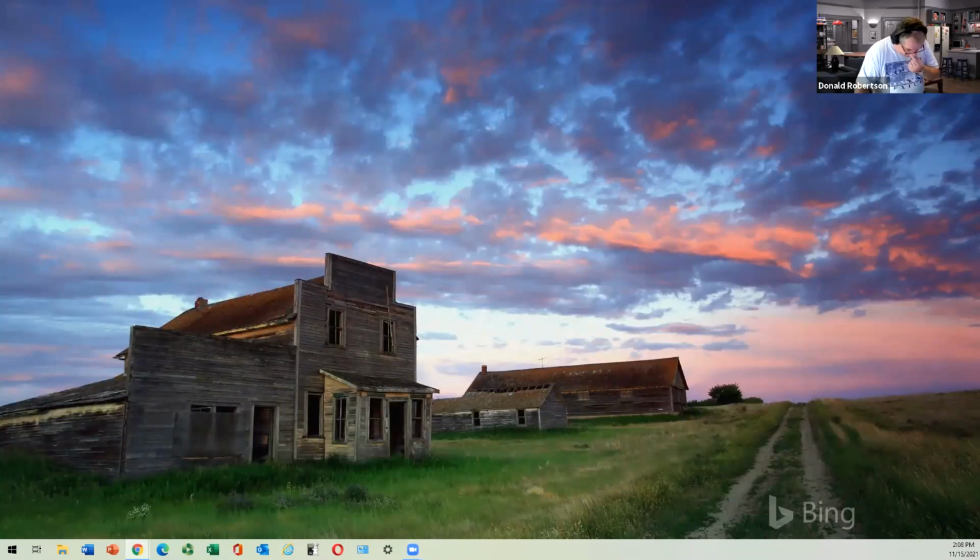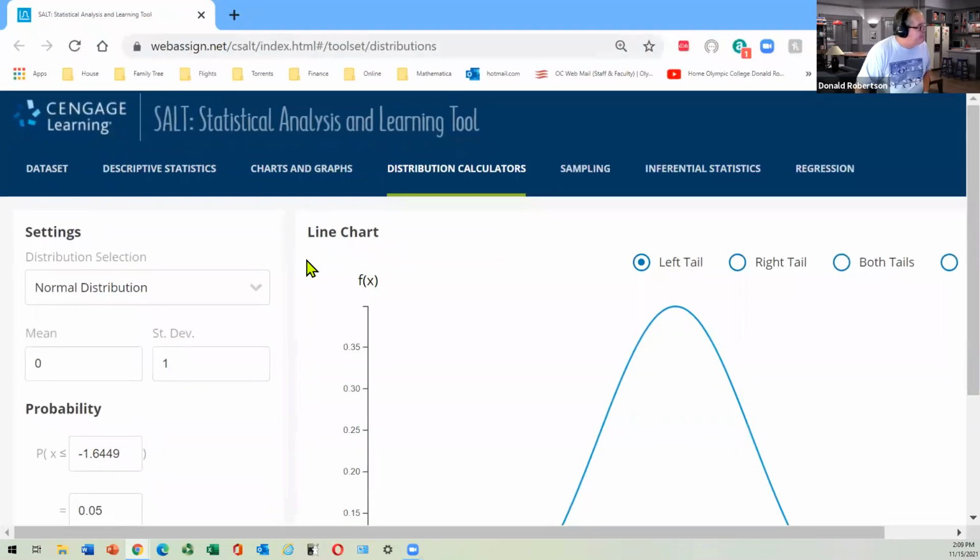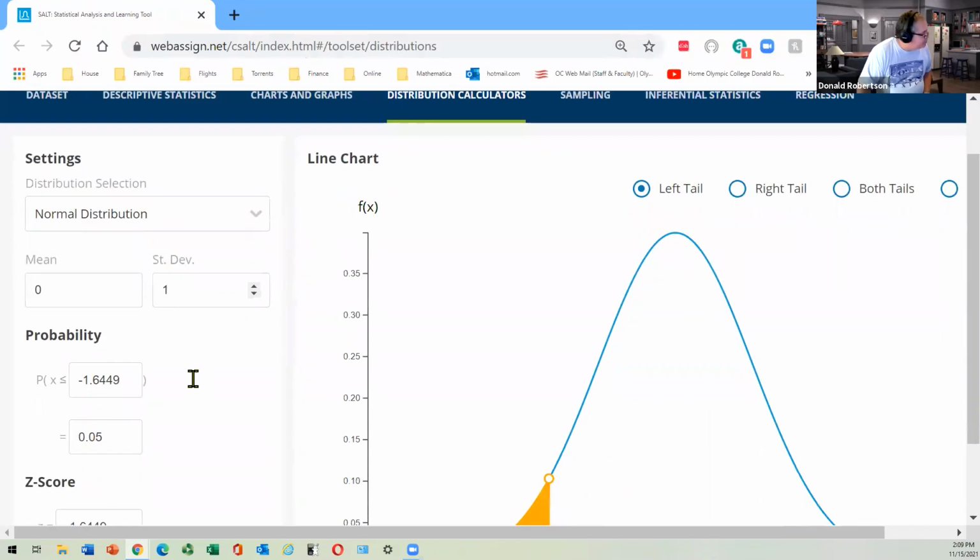So we're trying to find the probability that Z is less than a particular number. Are you looking at chapter 2 here? Let me click on this. Normal distribution, that's good.